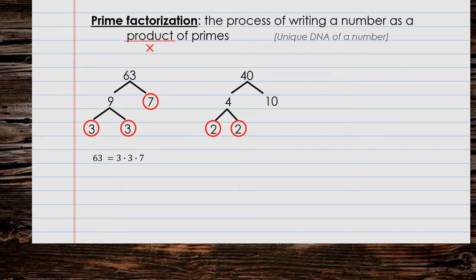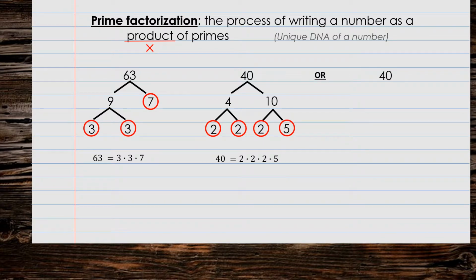The other branch we have is a 10. Now 10 can factor into two values of a 2 and a 5. Again, 2 is prime, so we circle it, and it turns out 5 is prime as well, so it too is circled. So notice all we have are our berries, so we're ready to write 40 in terms of prime factorization. 40 is really the same thing as 2 times 2 times 2 times 5.